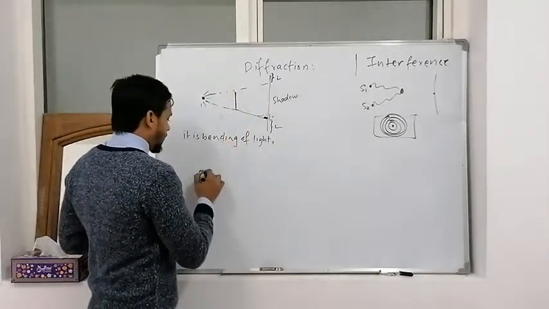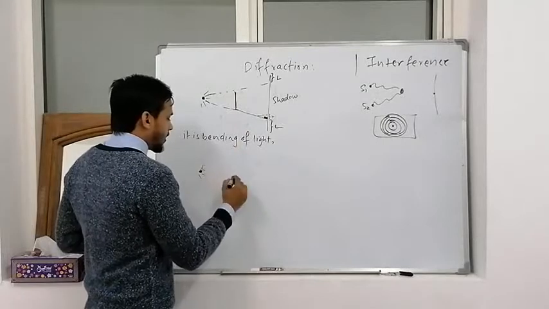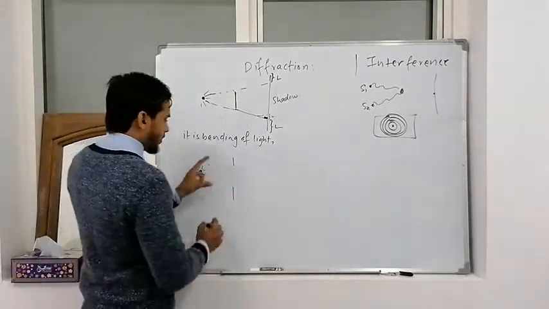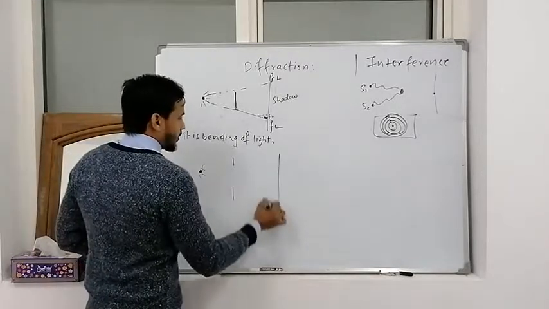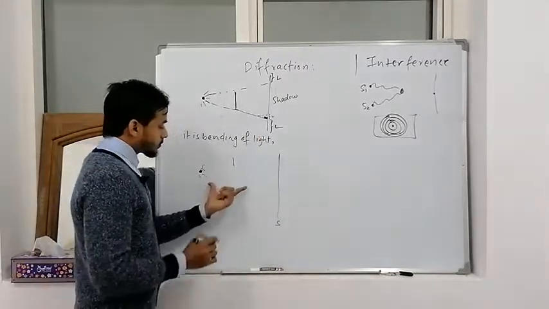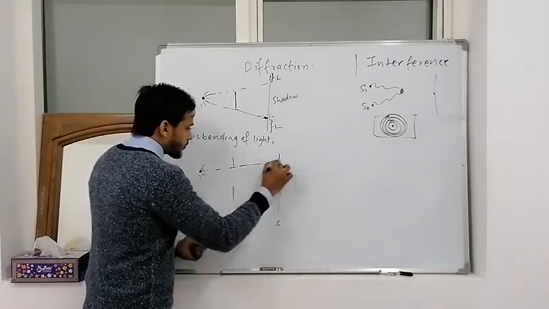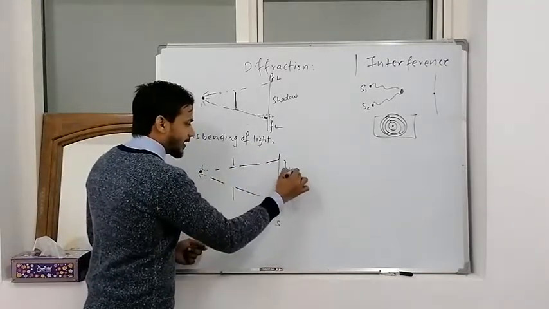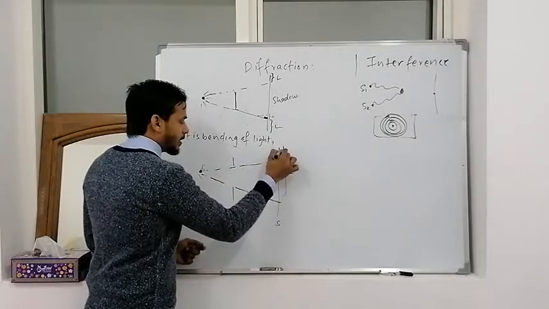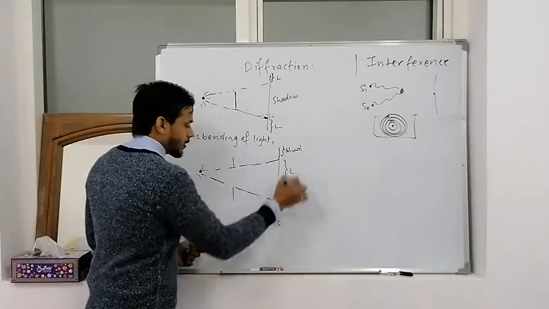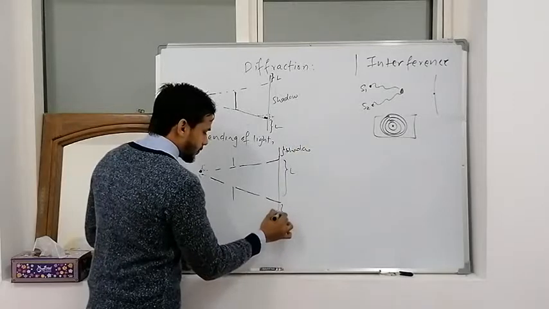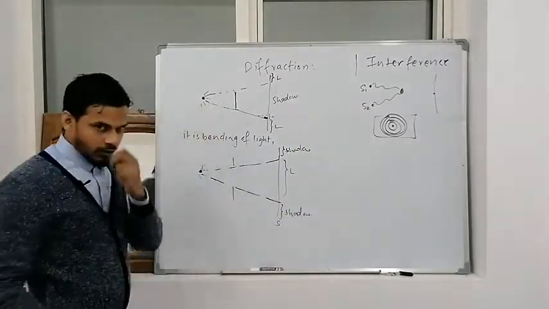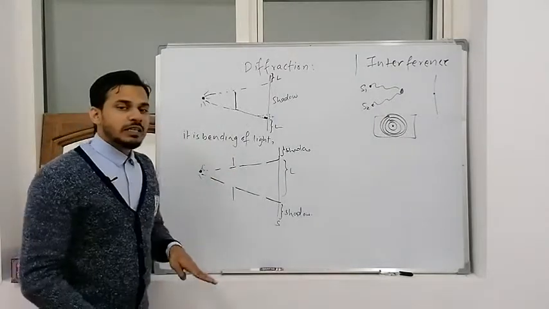For example, if I have an ordinary light source and I put two slits like this, and this is the screen, the light will come and pass through this region. Here we have light, and here we will have shadow, here we will have shadow. So you can see it a little more clearly.